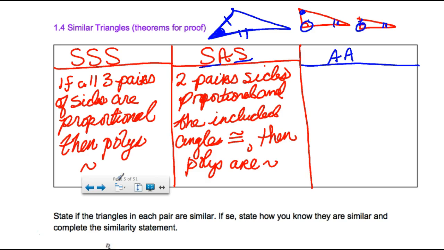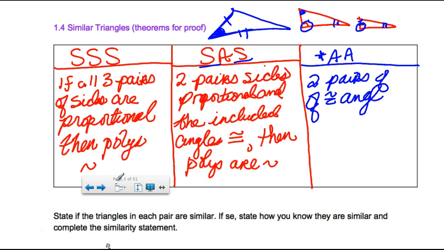So if you can just get one pair, this one's the easiest one to spot. If you can just get two pairs of congruent angles, then you can stop and say the polygons are similar.